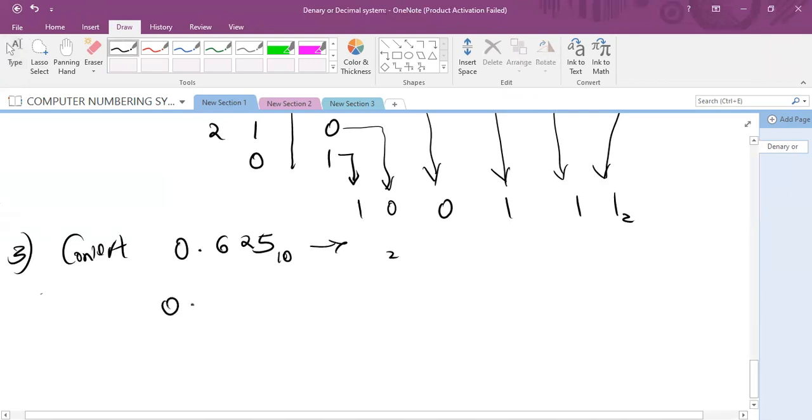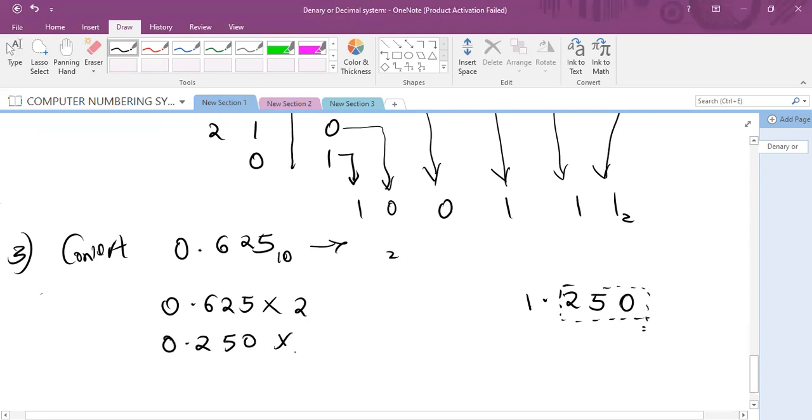So we'll take 0.625. This time round, we are multiplying by 2. And when we multiply 0.625 by 2, we will get 1.250. And then we take this part after the decimal point. So we take 0.25, we bring it here. 0.250 times 2, again, what does that give?